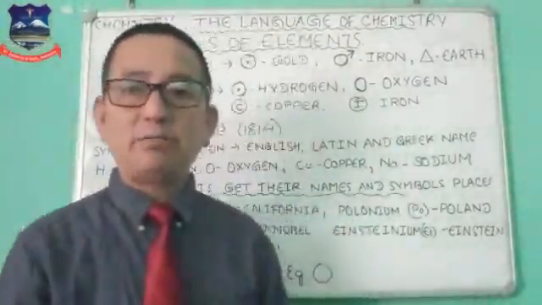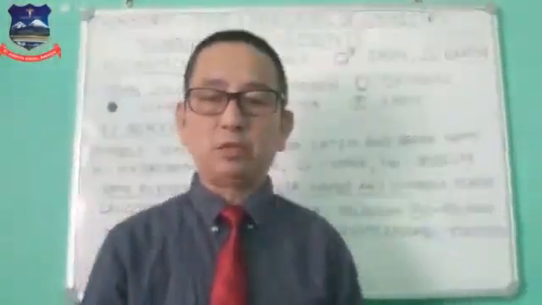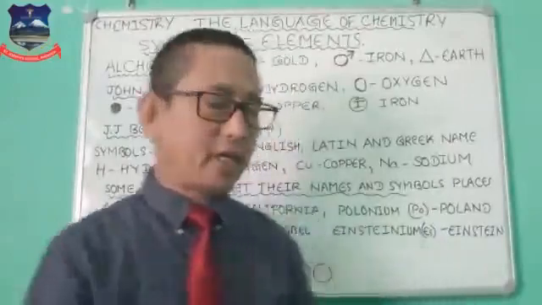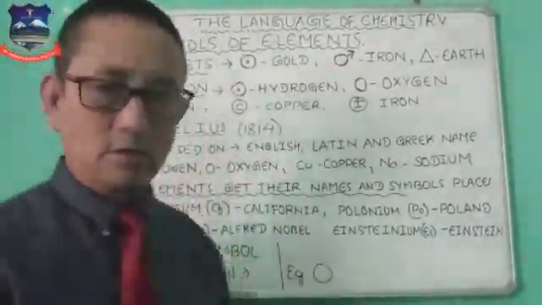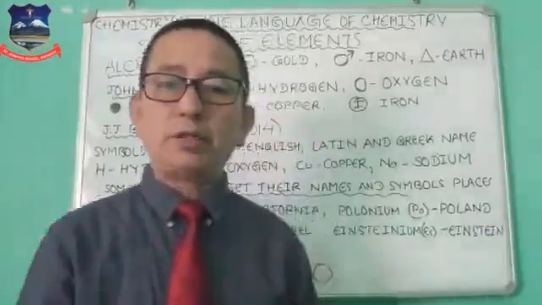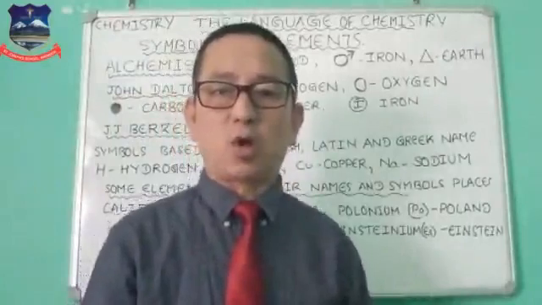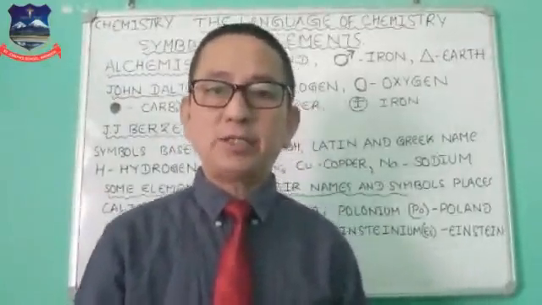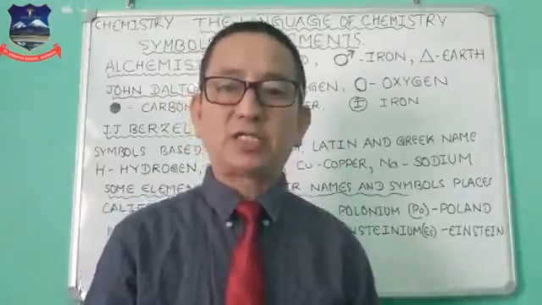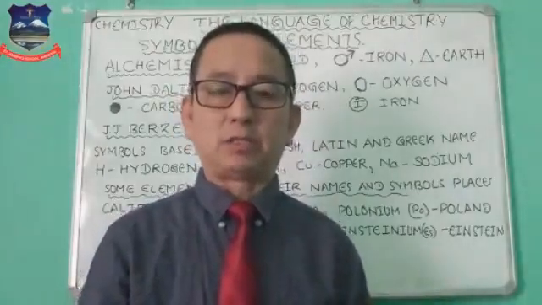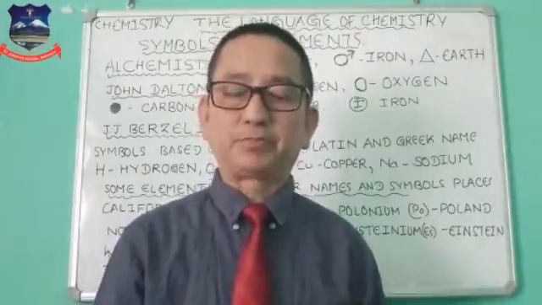We have done elements, compounds, and mixtures in the previous class in chapter 3. We'll take elements as we are doing symbols of elements. There are 118 elements known to us. Out of these 118, 92 elements are found in nature and the rest are man-made elements, which means that they are prepared artificially.